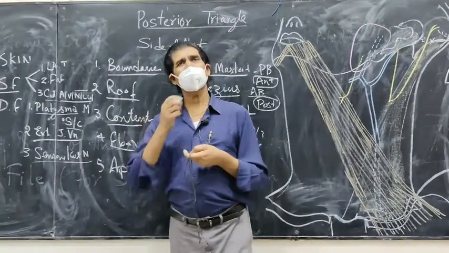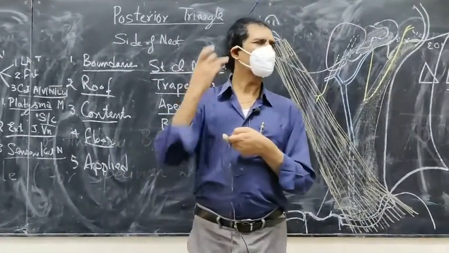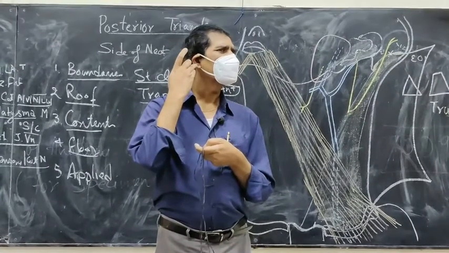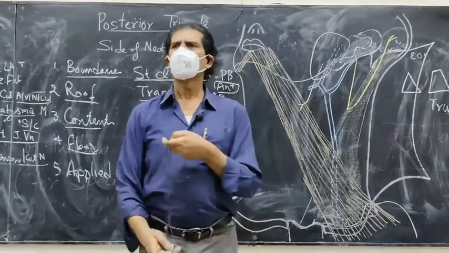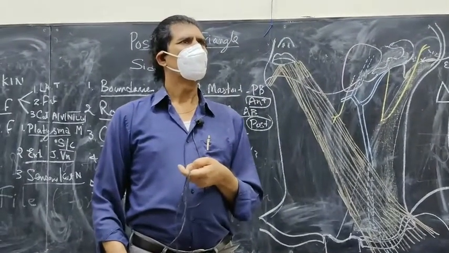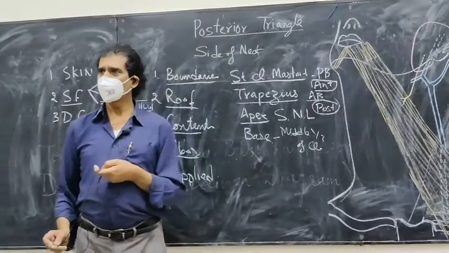So the greater part of this area of the skin will be supplied by the great auricular. Besides, it also supplies the posterior and the lower part of the lateral surface mostly. That's why its name is great auricular nerve.